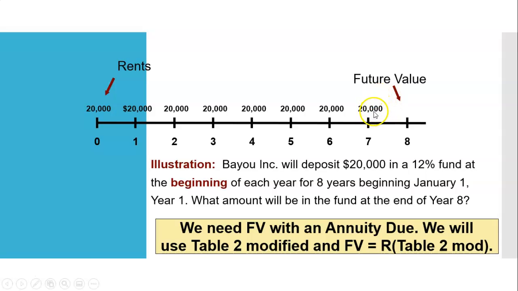But since these 20,000s are coming at the beginning of the period, we get the factor for 8 years and 12% out of table 2 and then multiply it by 1.12, which is 1 plus 0.12.